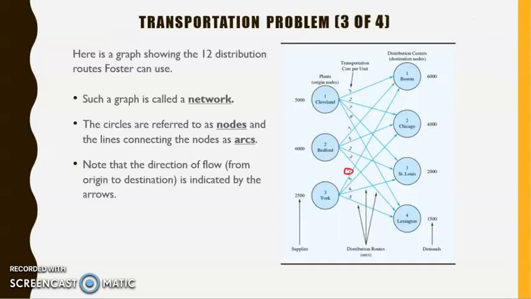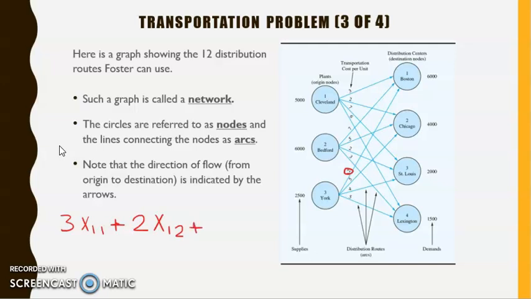To calculate the transportation cost of units sent from Cleveland, we want to know how many units are sent from Cleveland to Boston. They are going to be x11. How much does it cost to send each of them? 3, as you can see here, because it says transportation cost per unit from Cleveland to Boston. We go for the next one. How many units are sent from Cleveland to Chicago? x12, because Chicago is the second destination and Cleveland is the first origin. How much does it cost for each unit? 2.